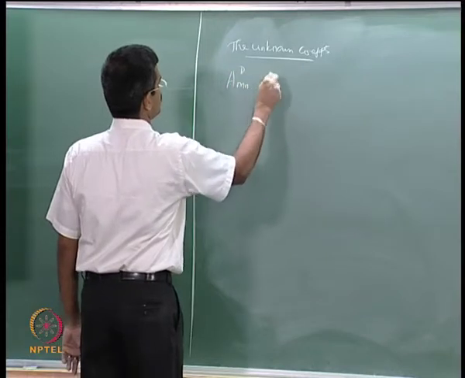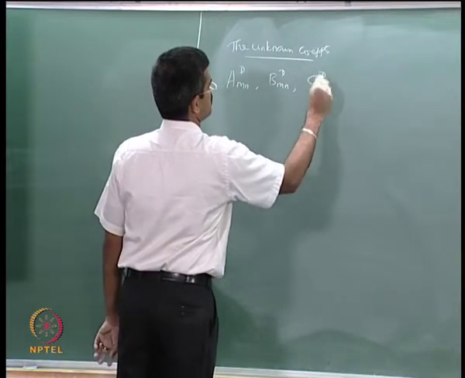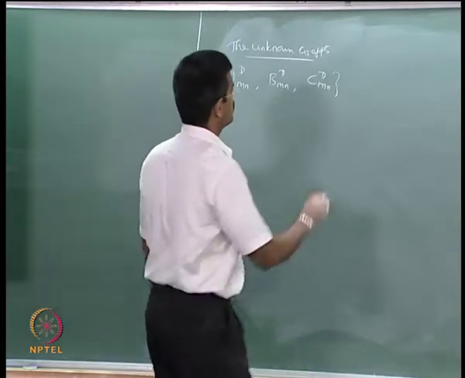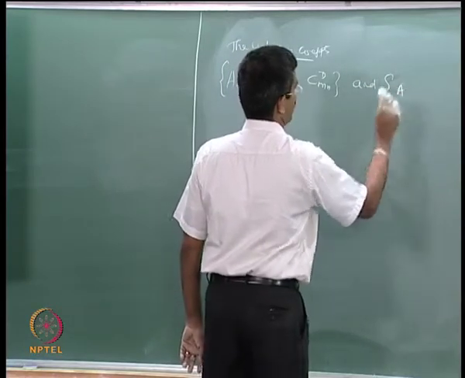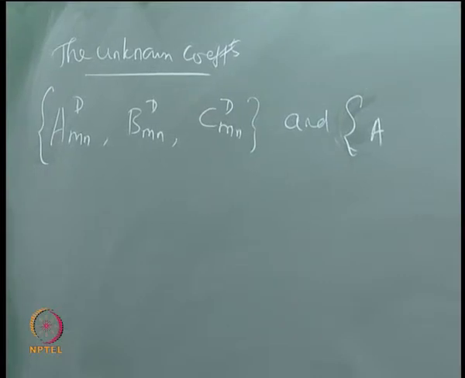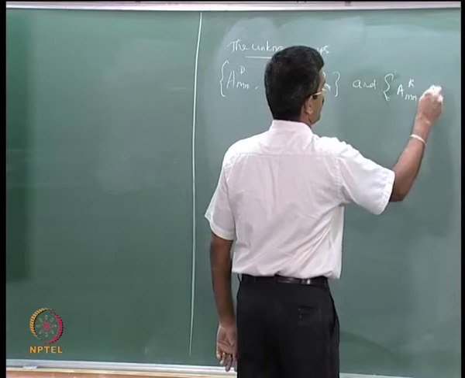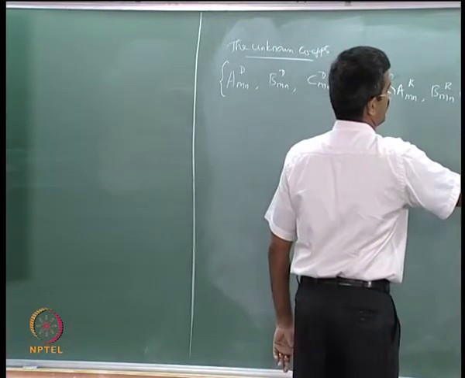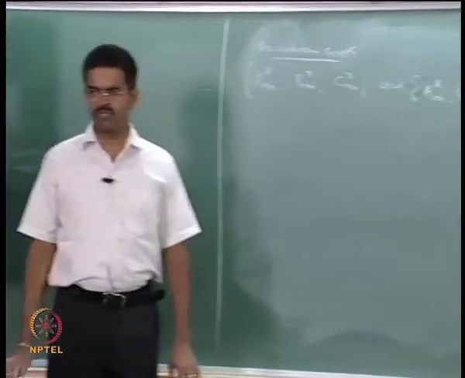A m and d, b m and d, c m and d, these are diffraction potential coefficients, and these are radiation potential coefficients.